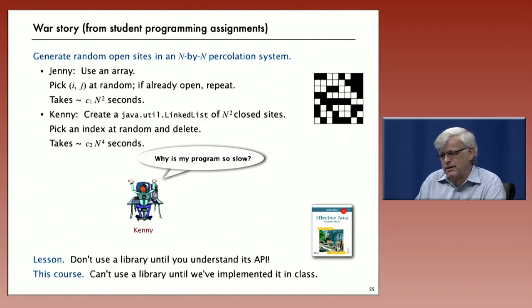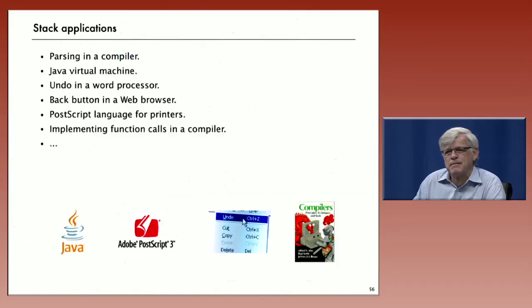And with the Swiss army knife implementation with so many operations, it's hard to know whether or not the particular set of operations that your client needs is efficiently implemented. Our insistence in this course is that students should not use a library until we've implemented it in class. At least that's some indication that you understand the performance characteristics.